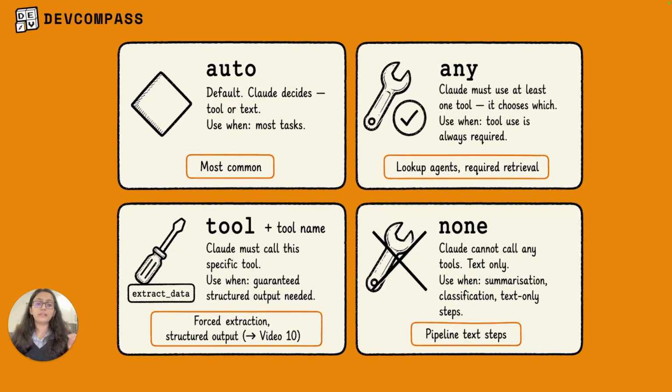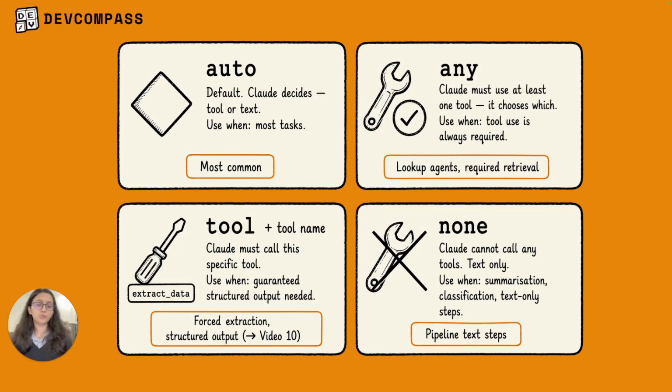Claude must use at least one tool, but it can choose which one. Use this when the task always requires tool use and text only responses are wrong. A lookup agent where "I don't know" as plain text output is not acceptable. It must call the lookup tool. So that is why we have said lookup agents required retrieval.